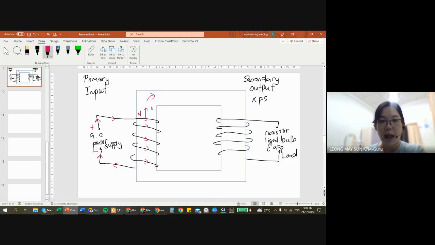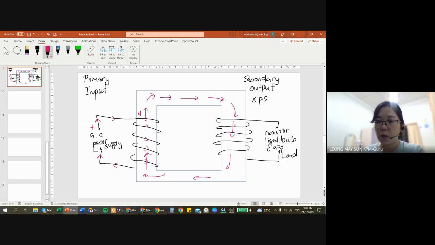And when there's a soft iron core, it will magnetize. So the magnetic field that is produced at the primary coil will move throughout the core to complete the direction of the magnetic field produced.